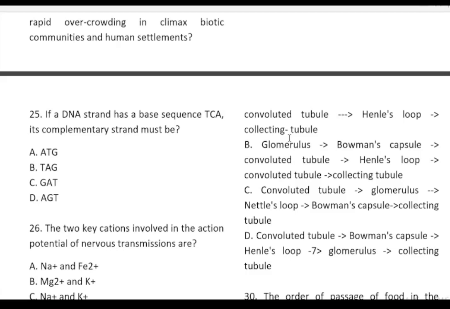It also does not want to lose major materials to the body, and so it filters unwanted substances, takes them out of the body in urine, while needed substances are taken back into the body in the process of reabsorption. So that is basically the answer to that question 29, option A.